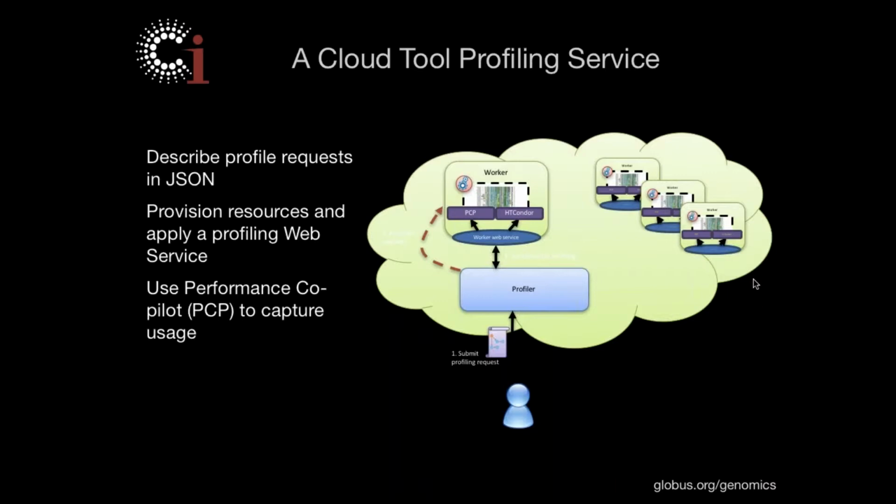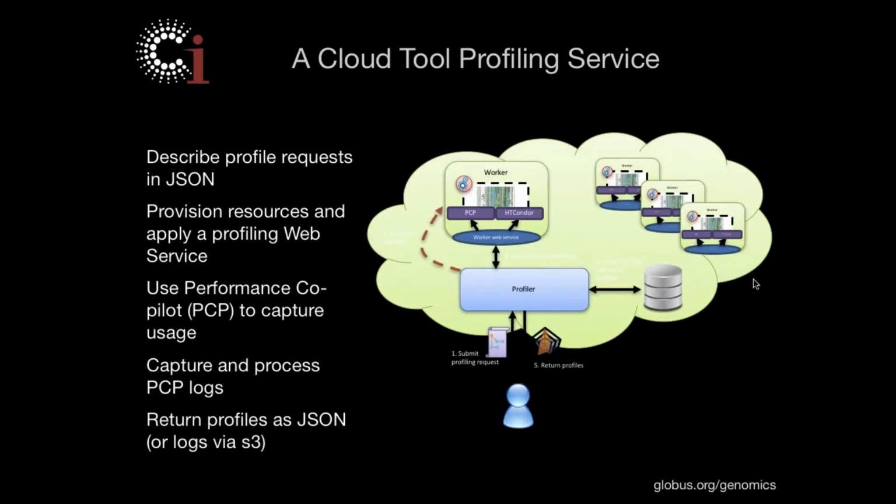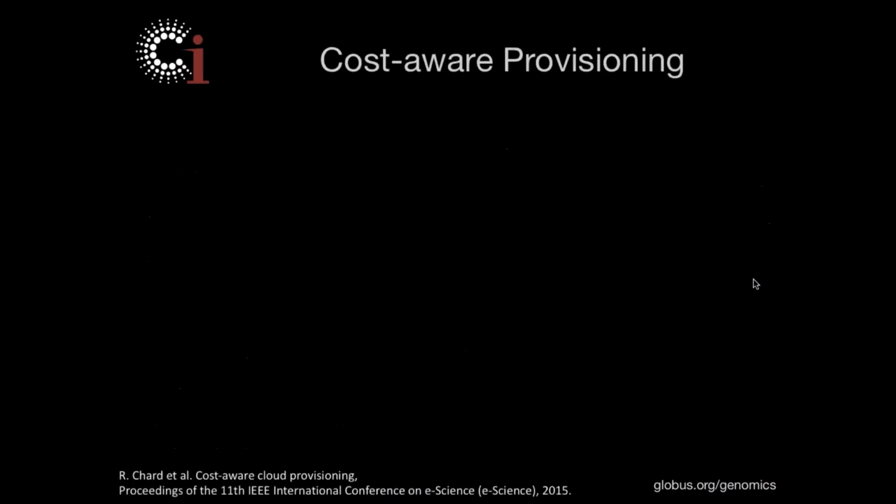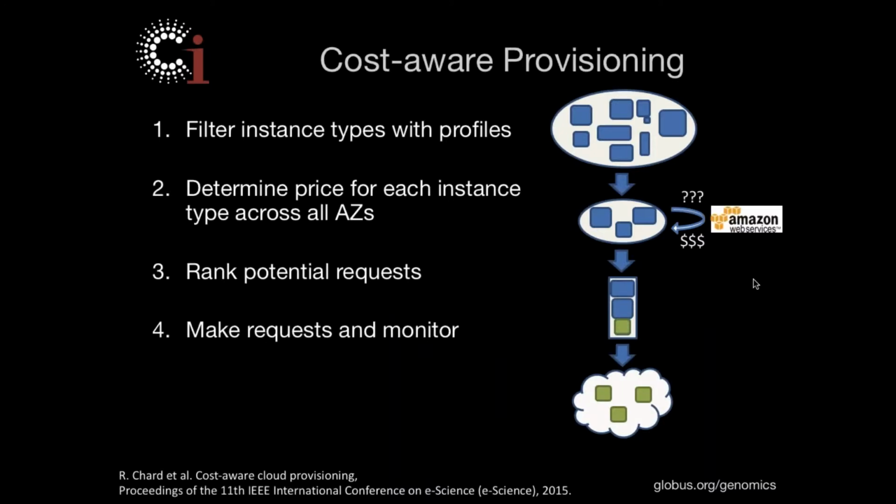So when a workflow attempts to run this tool, it consults the profiling service, and the profiling service would let the scheduler know that this tool requires a higher kind of instance type, and then that instance type is transferred to the provisioning service that we have, which looks at what the available instance types are and what they cost on the Amazon spot market, and essentially uses that profile to schedule this tool to run on an instance type that is very well suited to run this particular tool.